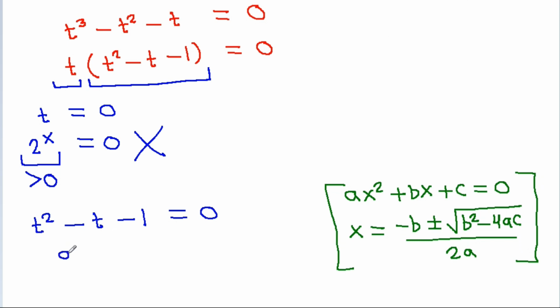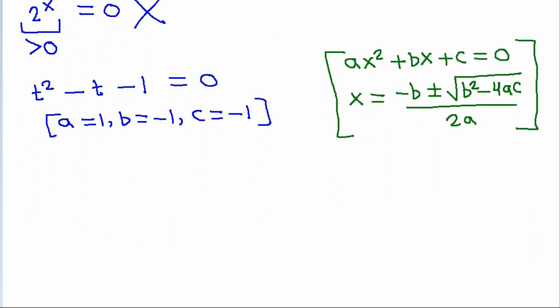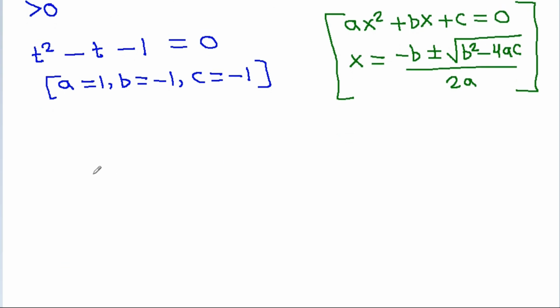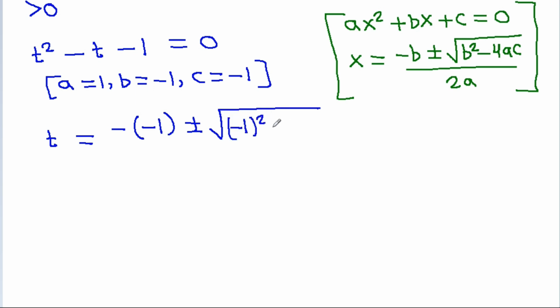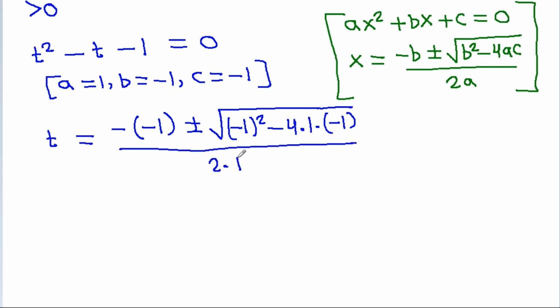And here a is 1, b is −1, and c is −1. So t will be equal to (−(−1) ± square root of ((−1)² − 4 times 1 times (−1))) by 2 times 1.